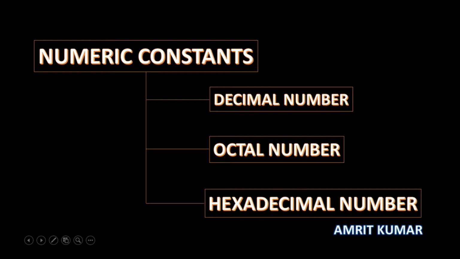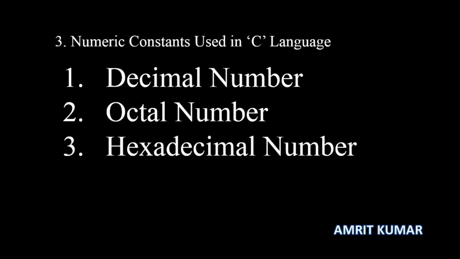Carefully look at these things, as we are talking about the numeric constant, which is a part of the constants. So numeric constant is categorized into three parts, decimal, octal and hexadecimal, and this is a most important thing in C language.